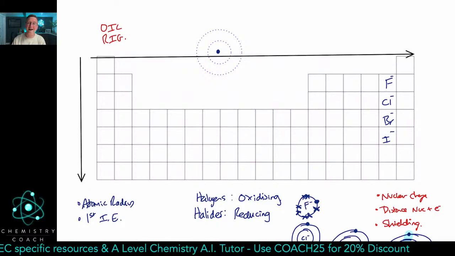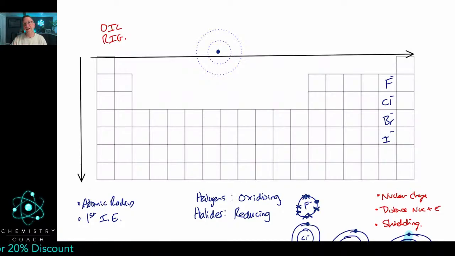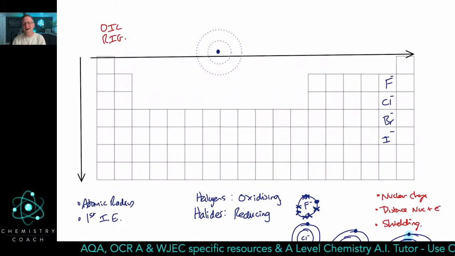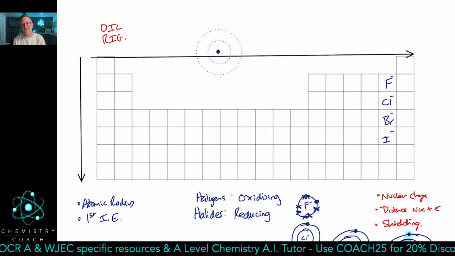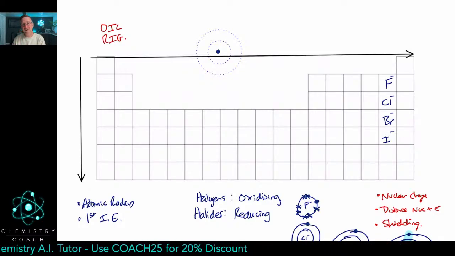And why iodide is the strongest reducing agent: again, distance from the nucleus, shielding. So all those explanations you learn for first ionization energies are the same reasons as to why we get the trend in oxidizing power of our halogens and the trend in reducing power of our halides.